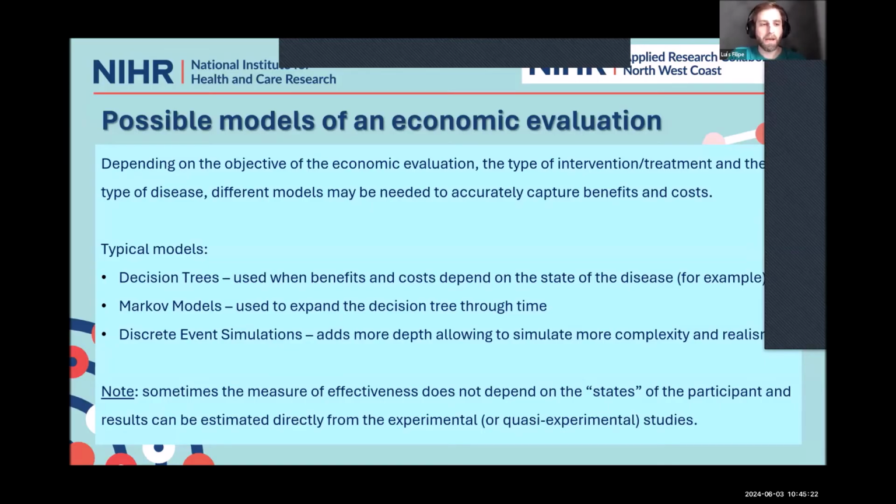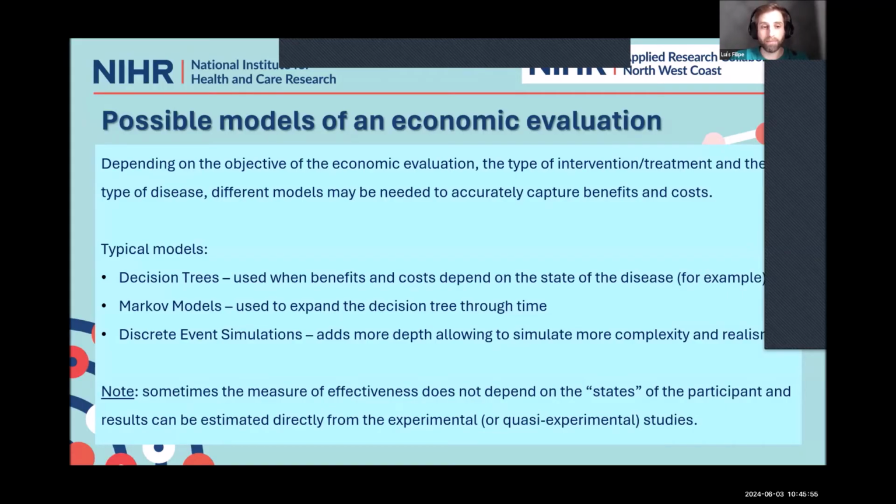But that one should be super straightforward. Now, sometimes things can get a little bit trickier because sometimes, for a certain disease intervention, the response of people to the intervention can have very different pathways, very different states, and those need to be modeled. So when you have a certain case where you can identify a lot of different states of, let's say, a disease, for example, you are going to use decision trees, and that's what you will see in economic evaluations.